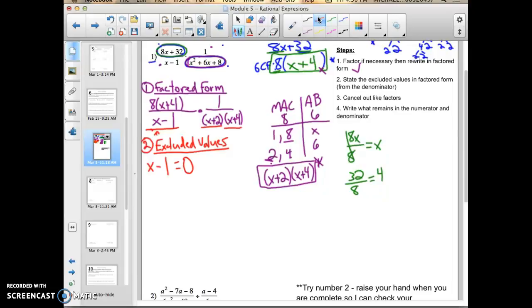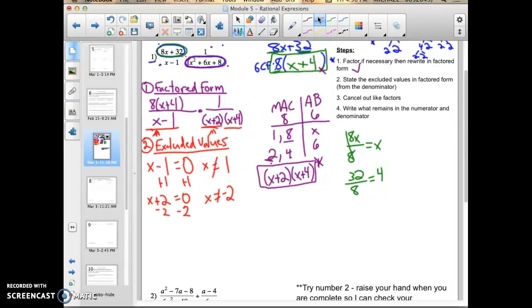I could add 1. So x in this case can't equal 1. Because for this factor, if I put 1 back in for this x, 1 minus 1 is 0, and again, that doesn't work. Over here, I can do x plus 2 equals 0. Subtract 2, subtract 2. So x can't equal negative 2 for this factor.